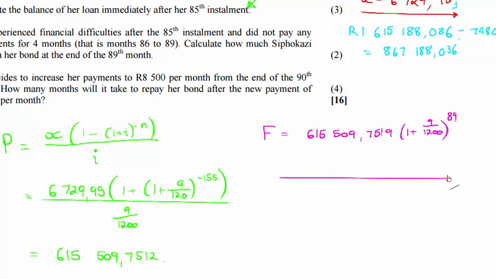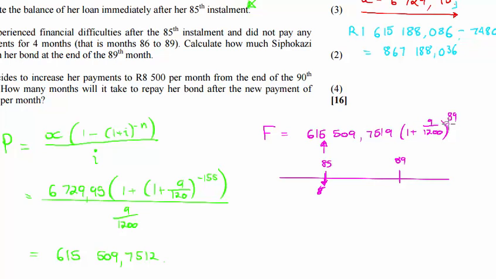Okay, so guys, look here. On month 85, this amount here is what's in the bank. Now we want to know what the amount in the bank is at 89.